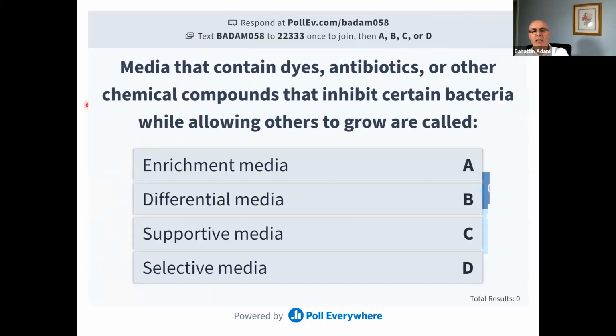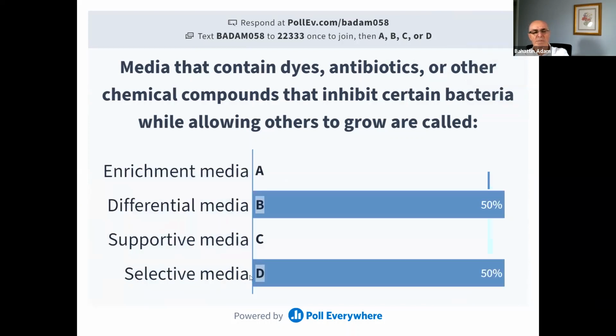Media that contain dyes, antibiotics, or other chemical compounds that inhibit certain bacteria while allowing others to grow are called: enrichment, differential, supportive, selective. Selective media is correct.